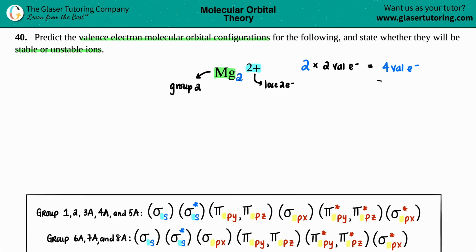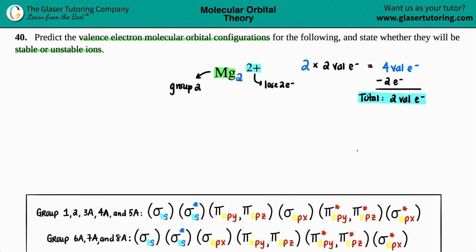So I'm just going to subtract 2 electrons. And 4 minus 2 will give us a grand total of 2 valence electrons to work with. Okay, beautiful. This is going to come in handy when I draw the molecular orbital diagram.